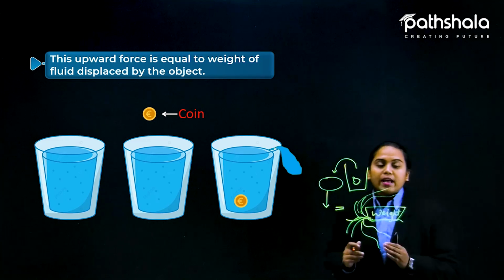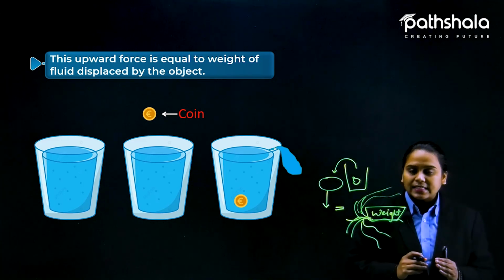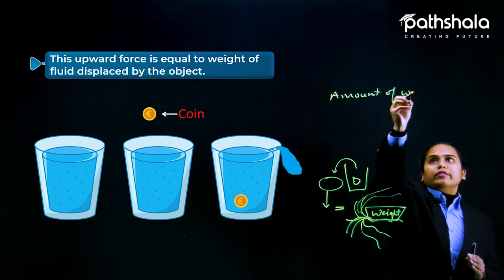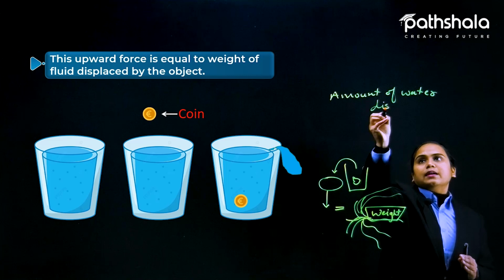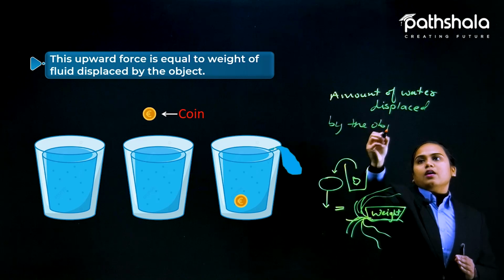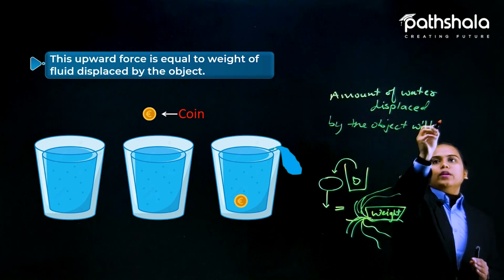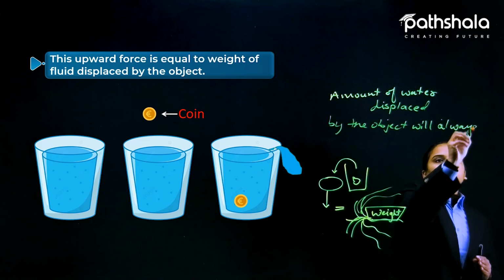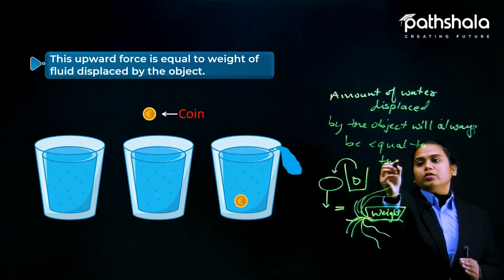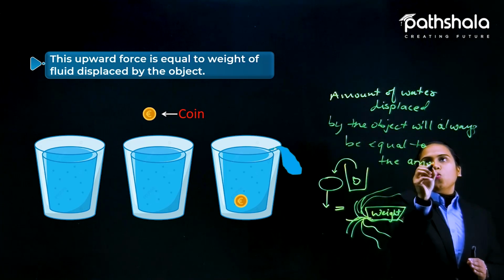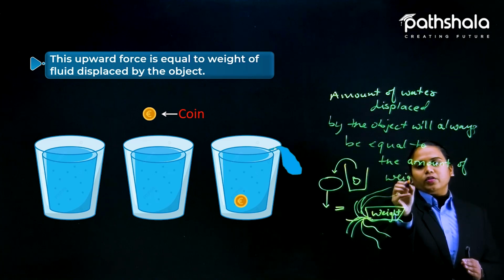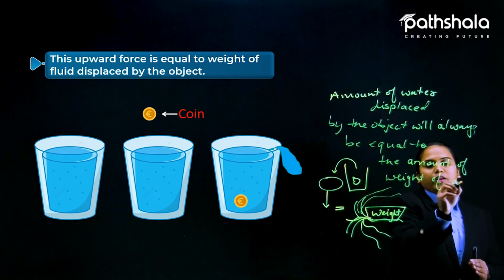Okay, so what has the principle said? The principle has said that the amount of water displaced by the object will always be equal to the weight of the object.